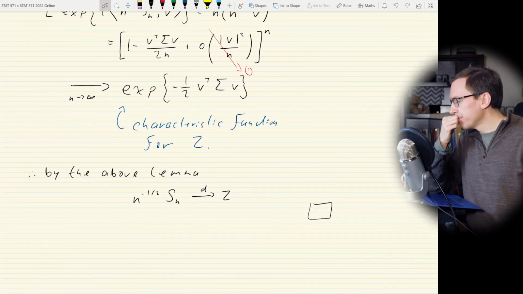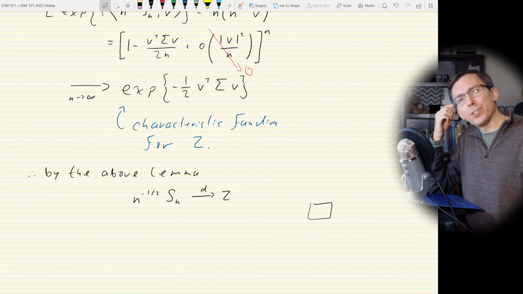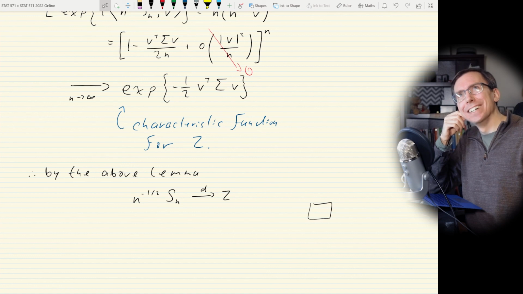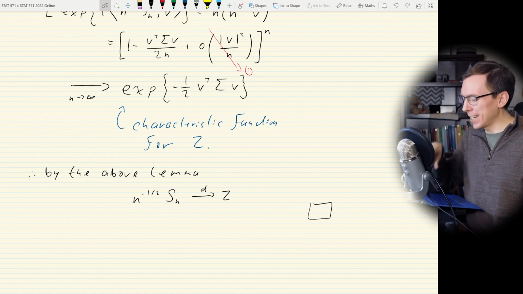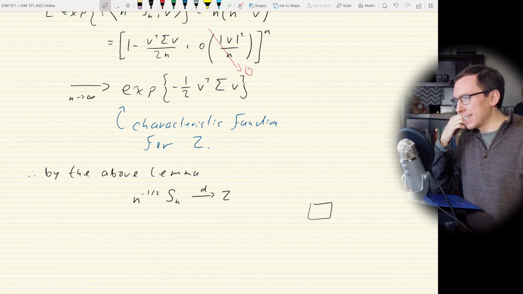There is another slightly more general version of the central limit theorem that I thought about presenting. I'm not going to do it in this lecture, and I'm not going to do it in the next lecture because this is only for a 13-week course, and I want to do the ergodic theorem in the next lecture. But there is, I think it's a Lindbergh or Lindenberg, I can't remember the guy's name.